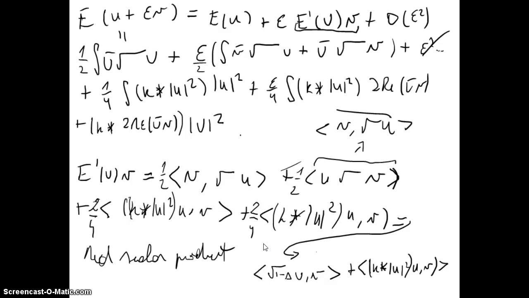Okay, so we arrived at the result that E prime of u b is this scalar product. I want to clarify this scalar product. Let's see.